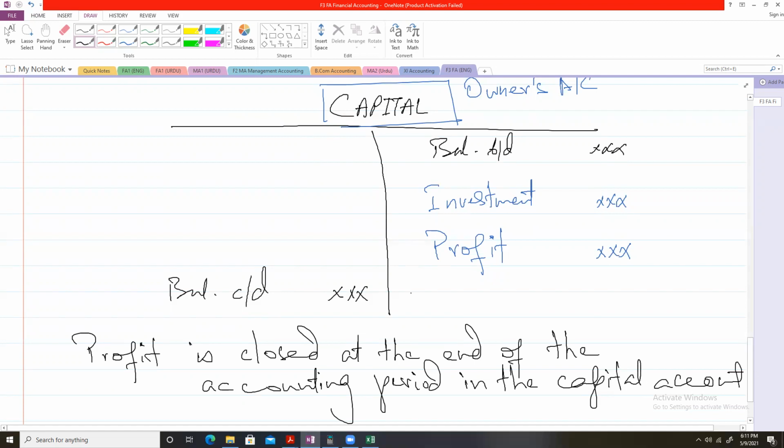This is how we treat profit at the end of the accounting period. We simply credit the capital account.